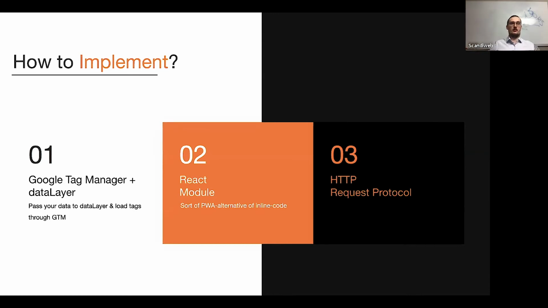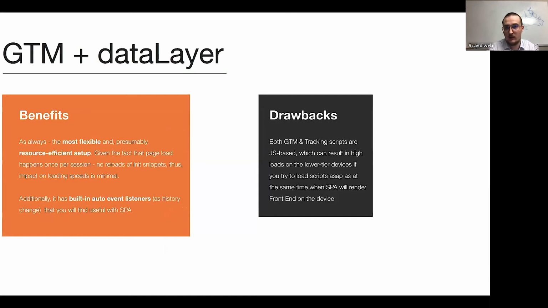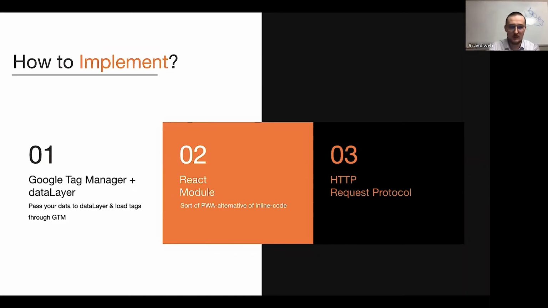First, when you are chasing page speed optimization to the extreme, so you don't want to load scripts, etc. Or when you need to send data, for example, from the backend, when you cannot use the other options listed. So the HTTP request protocol was kind of the extreme option.